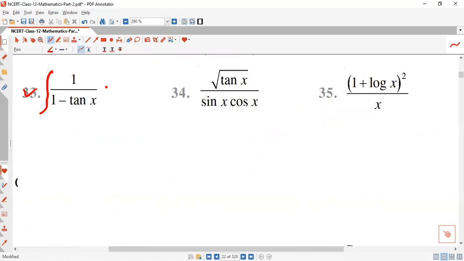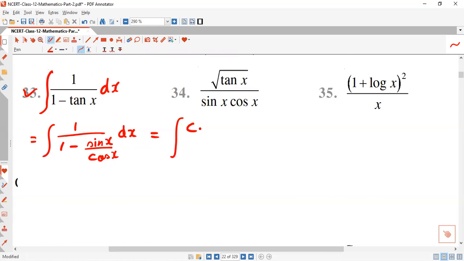This integration we want to do: we put tan x equal to 1 upon 1 minus sin x upon cos x dx. That can be written as cos x upon cos x minus sin x dx.